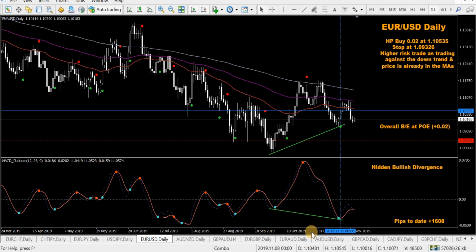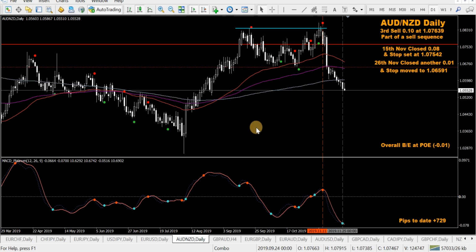So yeah. Moving right along, Aussie New Zealand. This is one pair that is going well for me. Going to sell all the way back here. It was a decent side trade because it was in a sequence. And just this morning, I drew this grey dotted vertical line in, and I've closed another 0.01 and moved my stop down to 106,591.